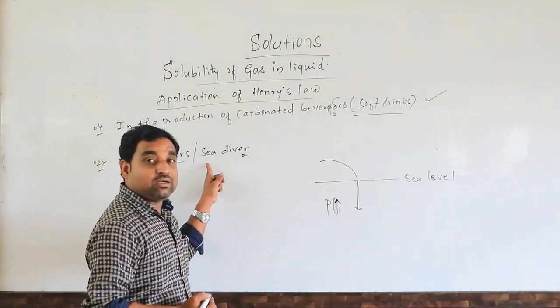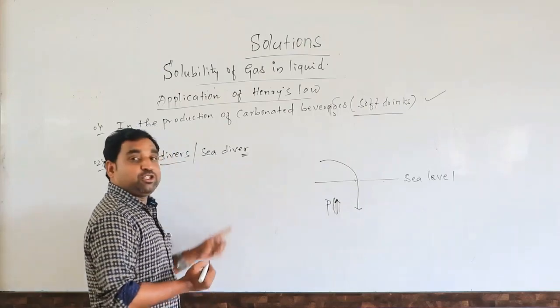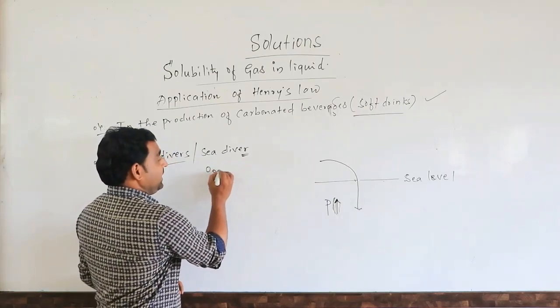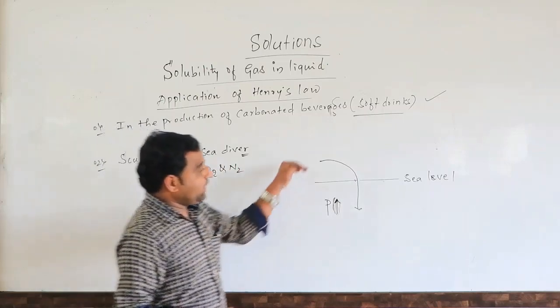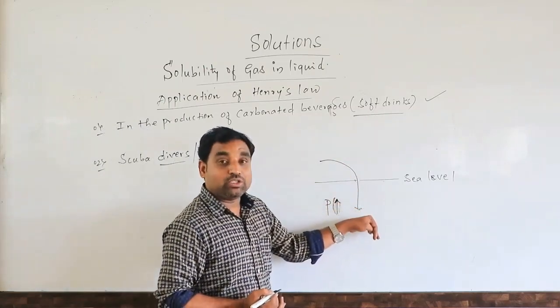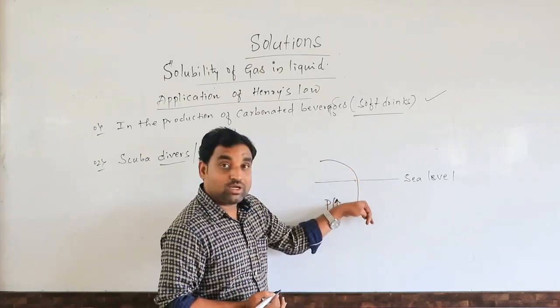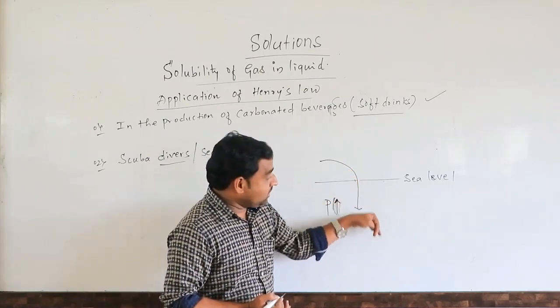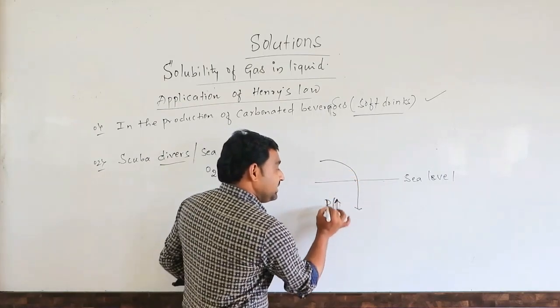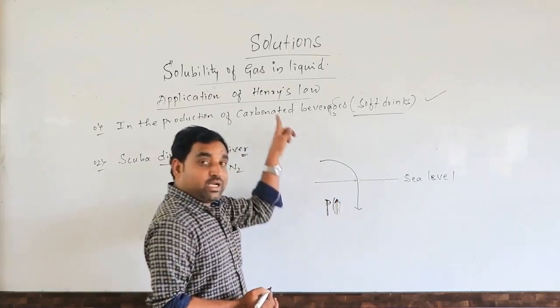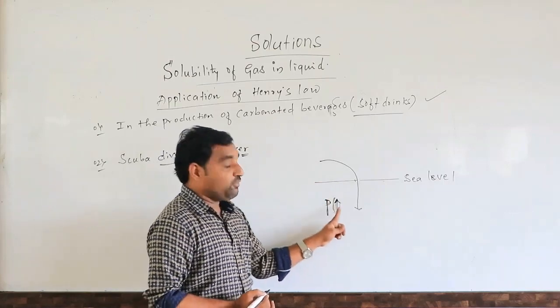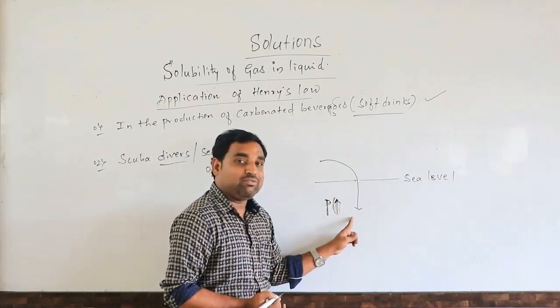That tank contains air, a mixture of oxygen and nitrogen. When the scuba diver enters the sea or ocean and goes towards the deep, the pressure increases. If the pressure increases, according to Henry's law, the solubility of a gas in the blood will increase.